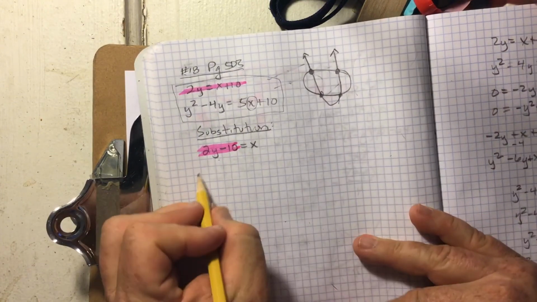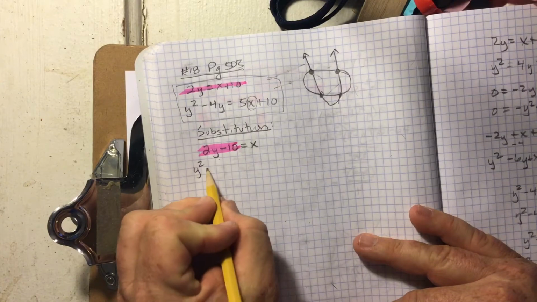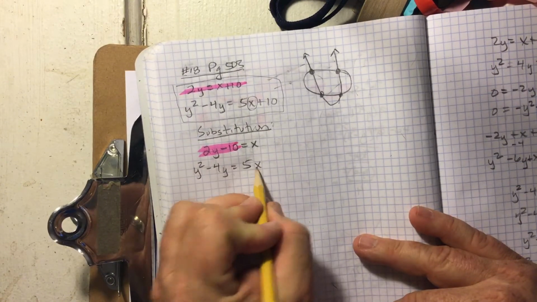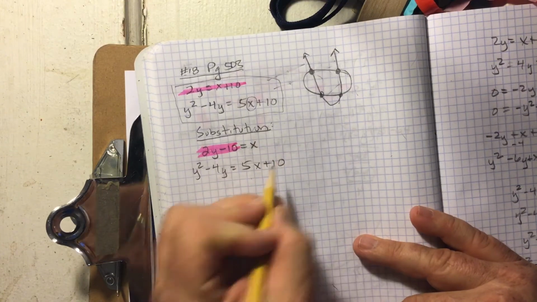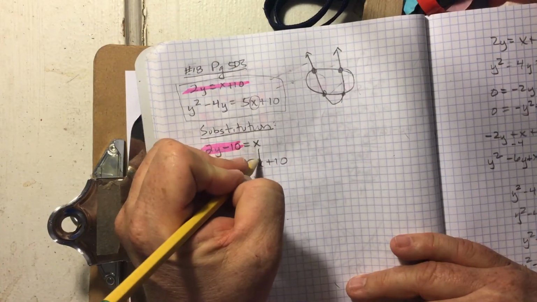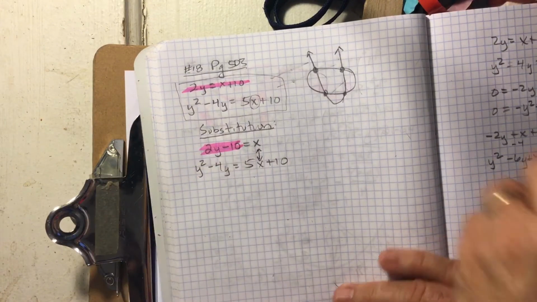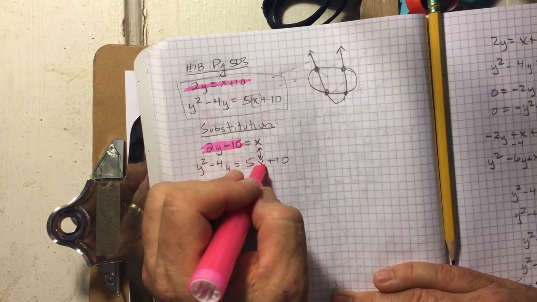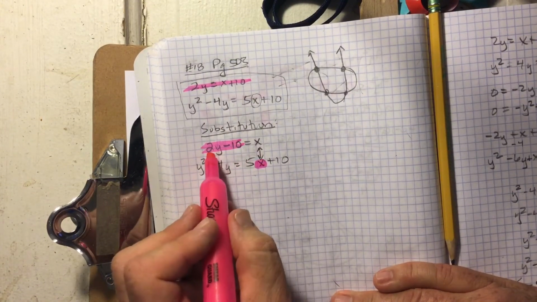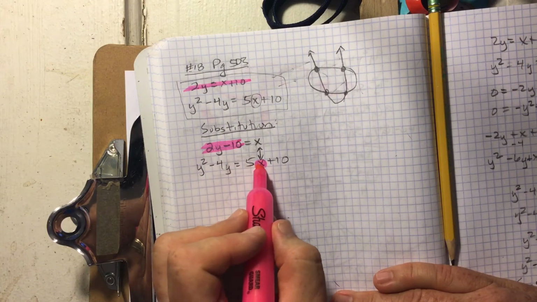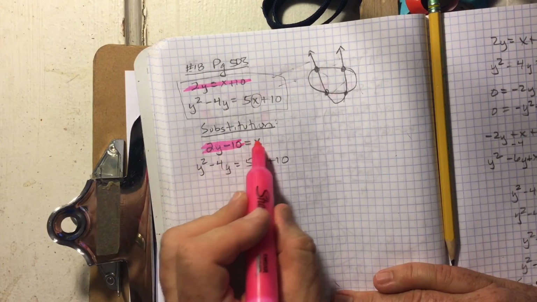Well, if I take the next equation, y squared minus 4y equals 5x plus 10, x is no longer x. It is 2y minus 10. So I can take this pink highlighted equation and I can substitute it in for x, because they mean the same thing.